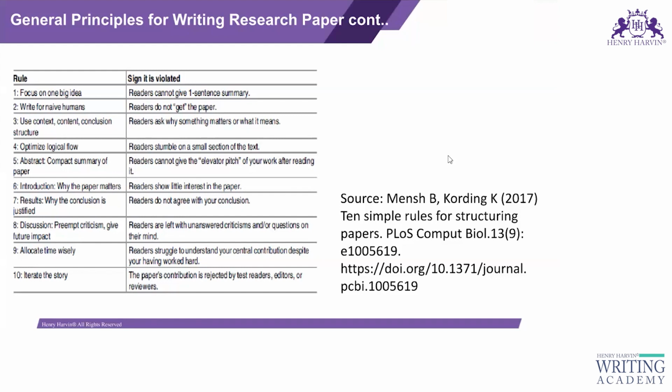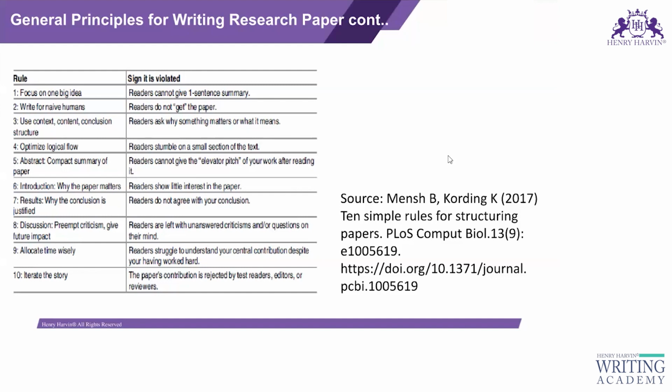Then rule number 5 is about the abstract, the compact summary of the paper. If the abstract is not written properly, the readers will not be able to give an elevator pitch of your work after reading it. They will not appreciate your work, or they will not even move forward to read your paper.